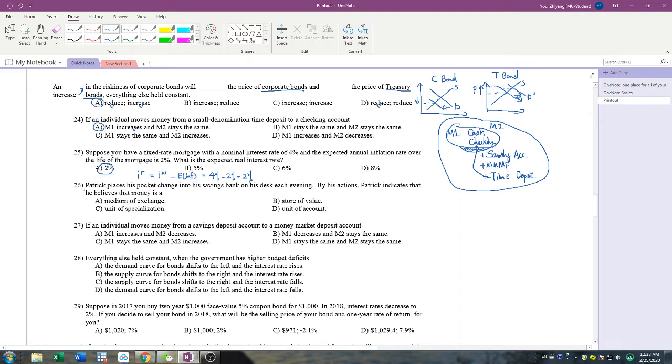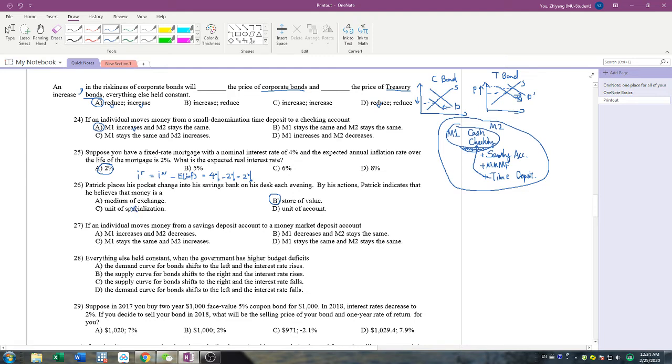And question 26. Patrick places his pocket change into his savings bank on his desk each evening. By his action, Patrick indicates that he believes that money is a what? So it is really straightforward. Again, money has 3 functions, okay? So unit of specialization is not one of them.